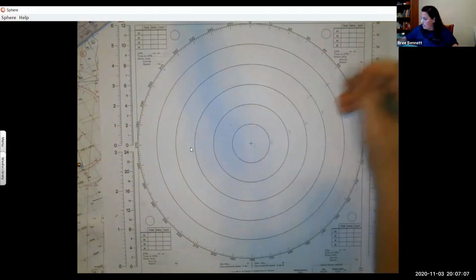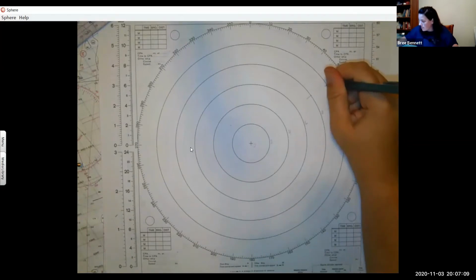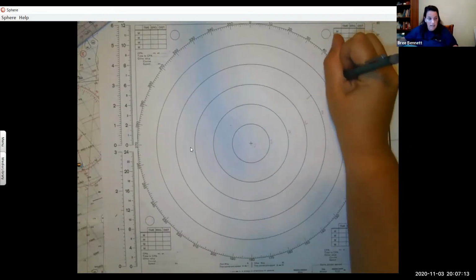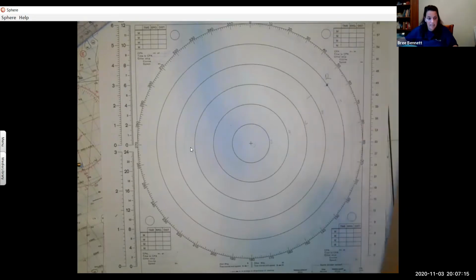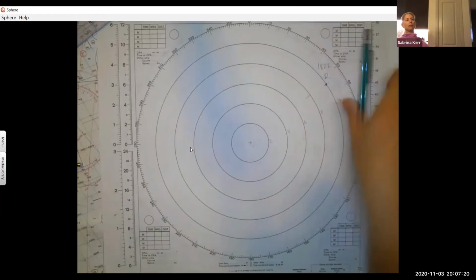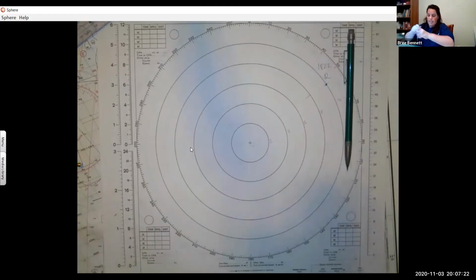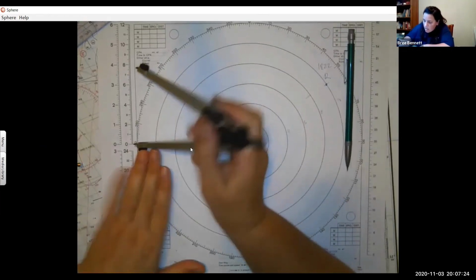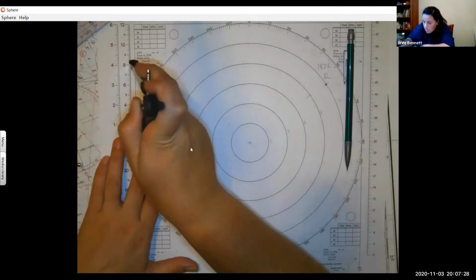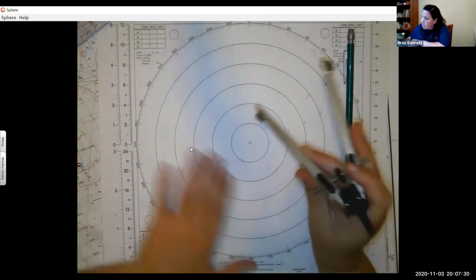So our 10, it crossed at exactly 10. We label that R, and this was at 1822. And then we need 7.9. Wow, I did that almost exactly 7.9. I like it when that happens.